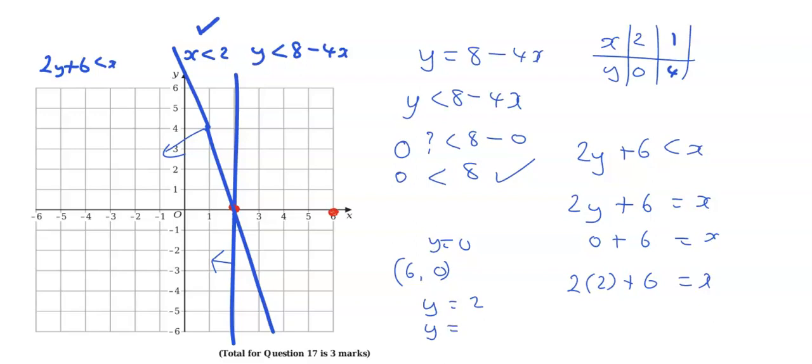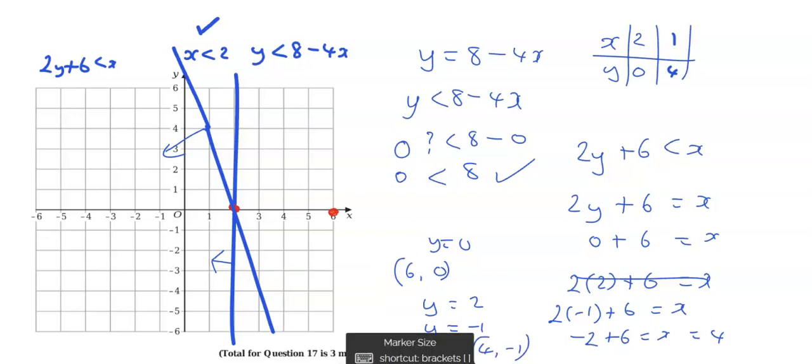No, we'll do y equals minus 1. 2 times minus 1 plus 6 equals x. So that minus 2 plus 6 equals x, which is 4. And so the point 4, minus 1 is on that line. And that point is there. And so I've now drawn my line in.